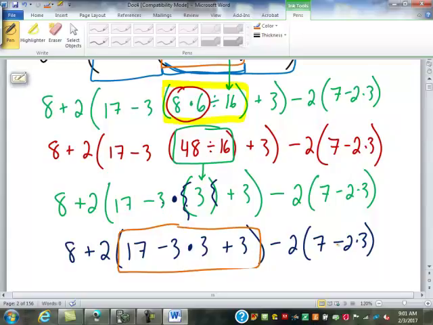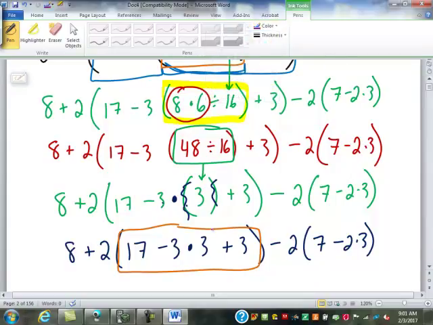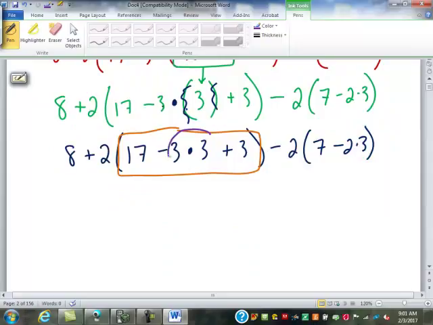And again, we go back up to our highest level of priority. Are there any other enclosing symbols? No. Any other exponents? No. Multiplication and division? Yes, right here. 3 times 3, which is 9. So again, the rest of the problem stays the same.